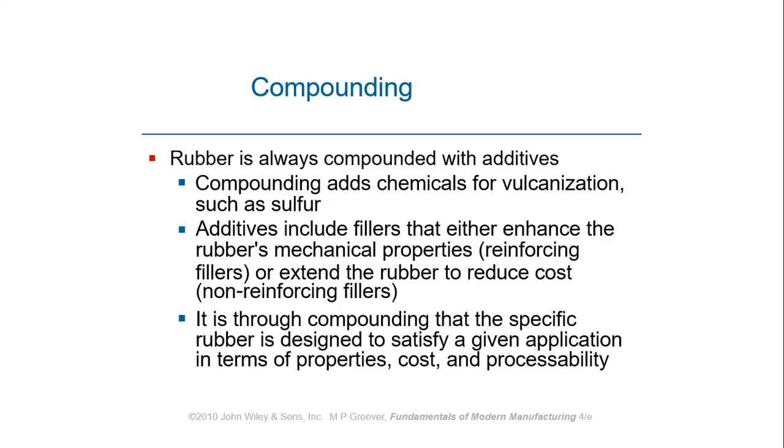And the additives that are used to enhance the properties, basically the mechanical properties, act as the reinforcing filler in the material, and that enhances a few properties like tensile strength and hardness of the rubber.